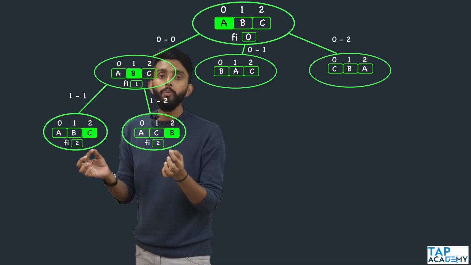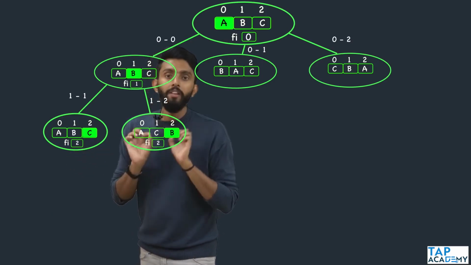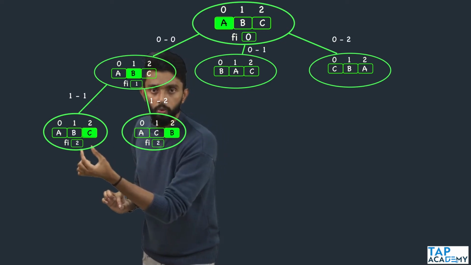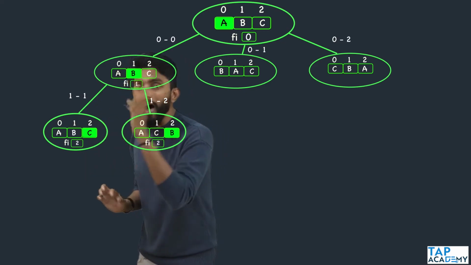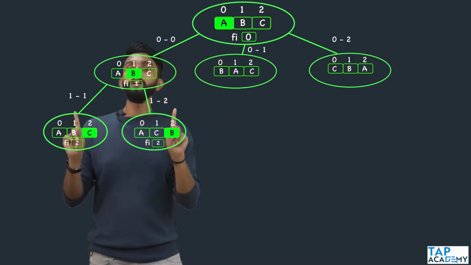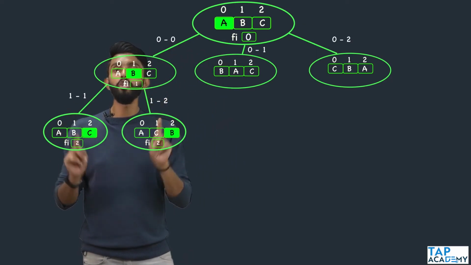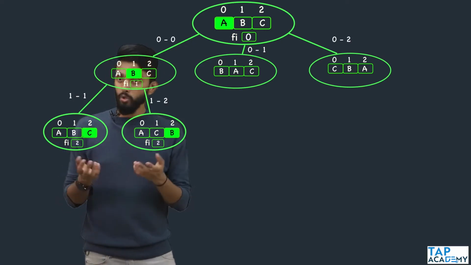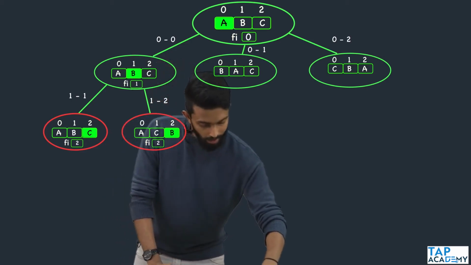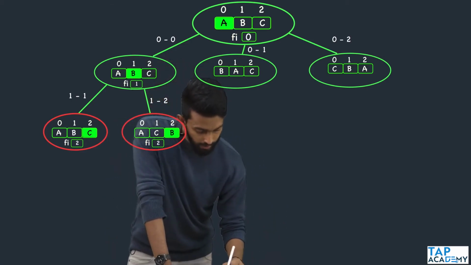The base condition is very simple. If the fixed index's value is equal to the last index of my array or my list, I have hit my base condition. Would you agree with me? So in a way we have hit a base condition. I am marking it in a different color, and let me also write my base condition.